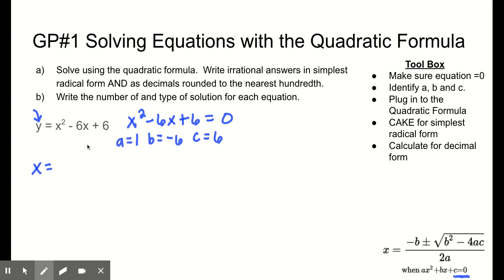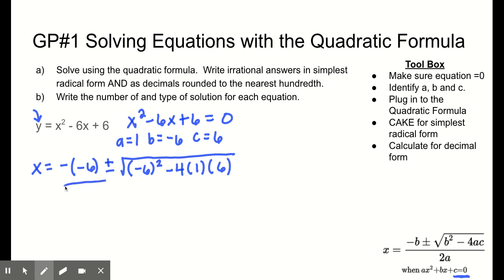All right, so let's see how you did. So x is equal to negative negative 6 plus or minus the square root of negative 6 squared minus 4 times 1 times 6, divided by 2 times 1. From there, we need to simplify. So the negative 6 becomes a positive 6 plus or minus the square root.